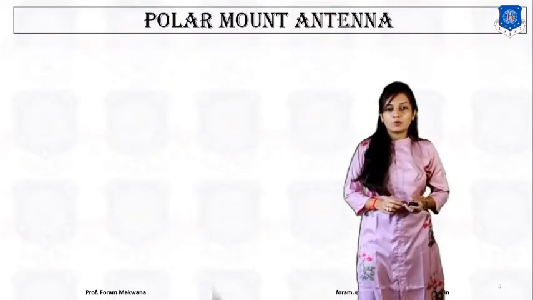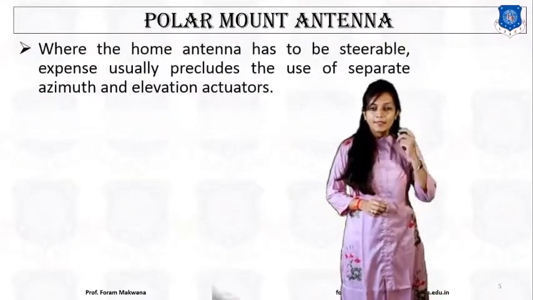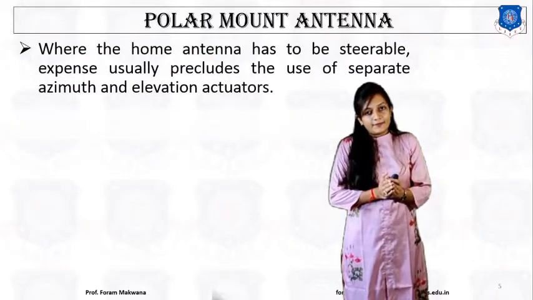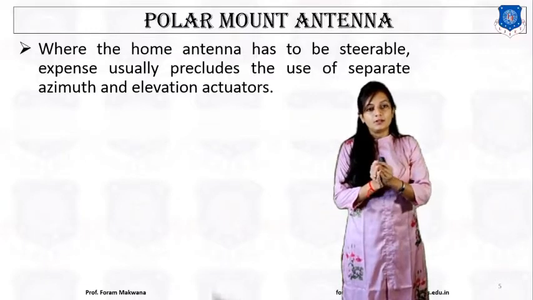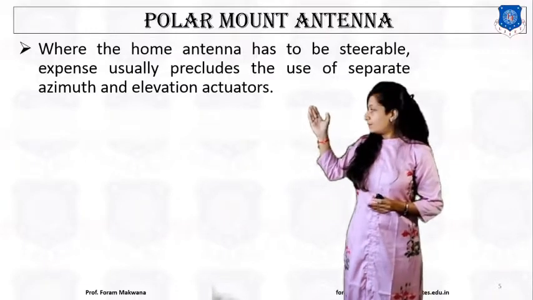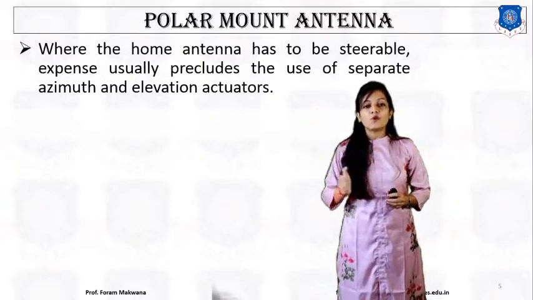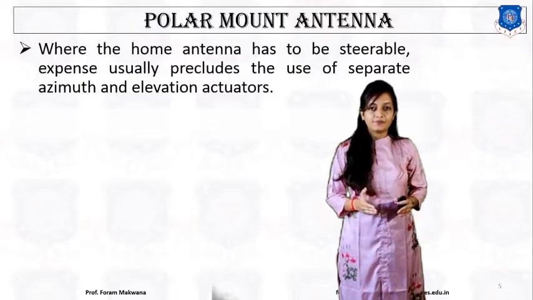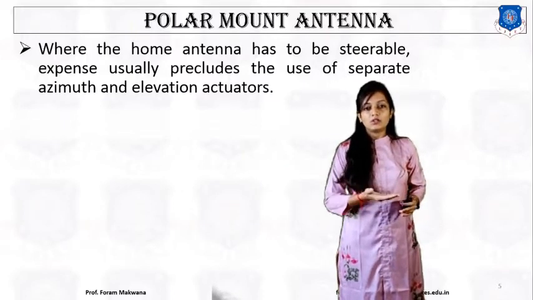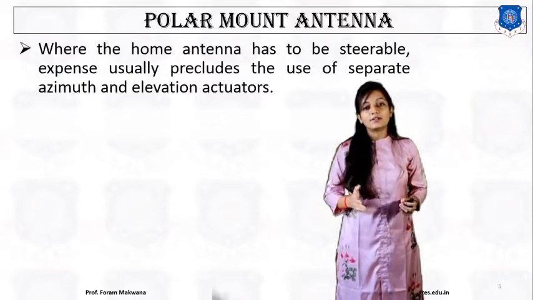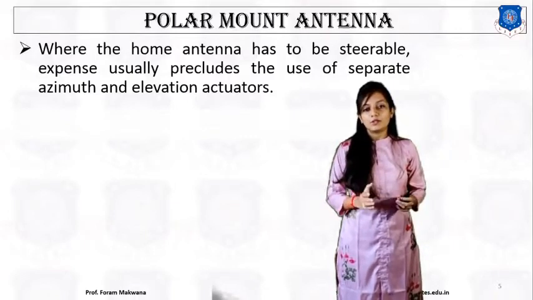Now, what is a polar mount antenna? We know that a home antenna can be steerable, but it causes an expense which usually precludes the use of separate azimuth and elevation angle actuators that are used to change the horizontal angle as well as the elevation angle. For that, we need to use separate actuators.